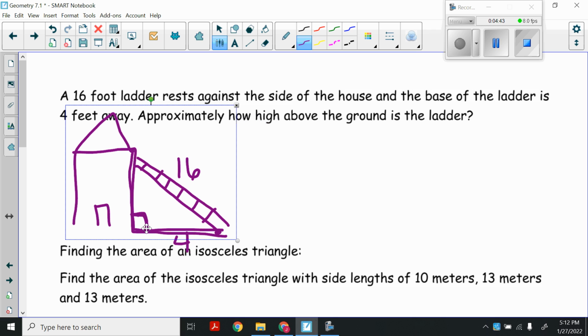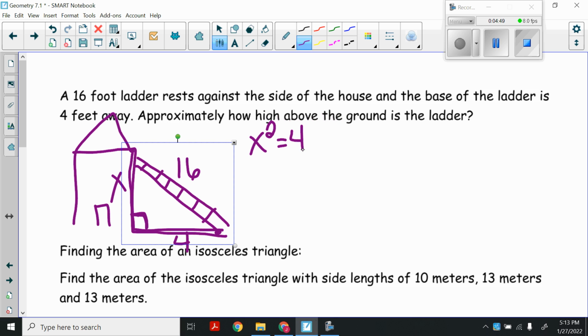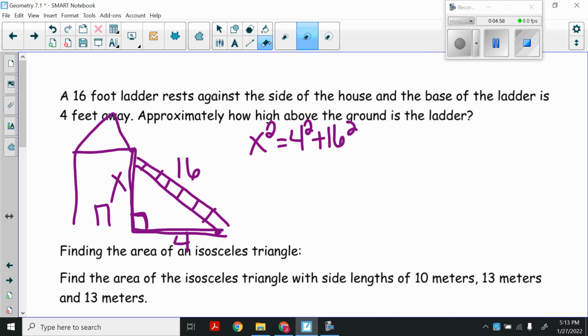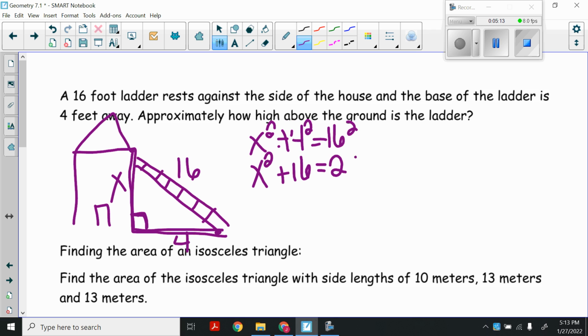Approximately how high above the ground is the ladder? So this is the side I'm looking for, which is a leg. So I'm going to say x squared equals 4 squared plus 16 squared. Or, sorry, I wrote that wrong. Let me erase that. So x squared plus 4 squared equals 16 squared, because the 16 is our hypotenuse. So here I have x squared plus 16 equals 256.